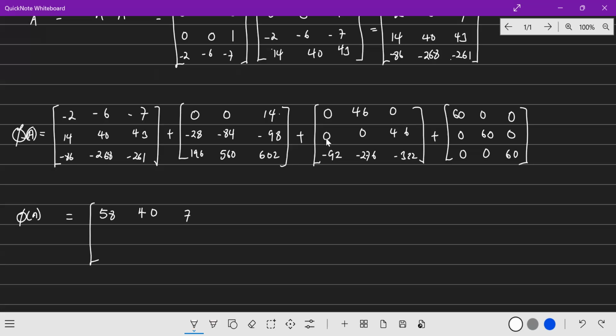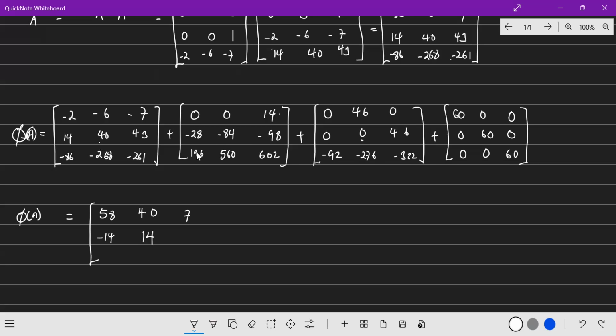Negative 14 plus 0 plus 0, that is negative 14. 40 minus 84, that is negative 44. Negative 44 plus 0 here is negative 44. Negative 44 plus 60, that's 14, right?